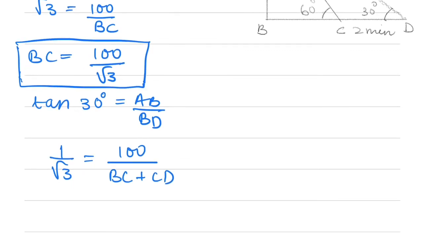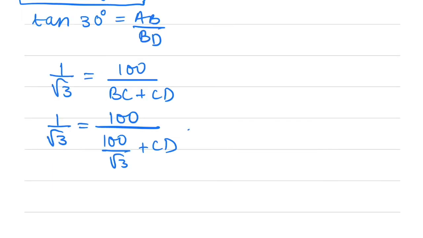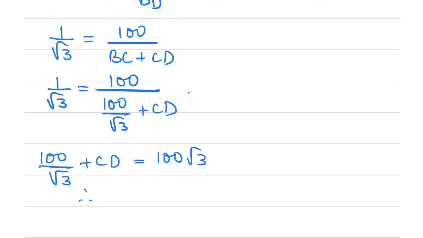So now 1 by root 3 is equal to 100 by (100 by root 3 plus CD). On cross multiplying, 100 by root 3 plus CD is equal to 100 root 3. Therefore, CD is equal to 100 root 3 minus 100 by root 3.